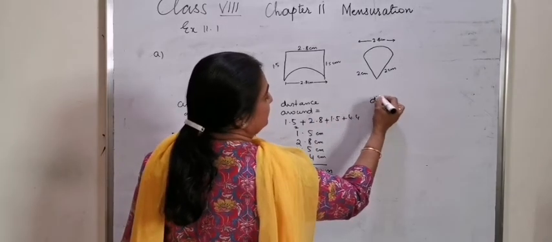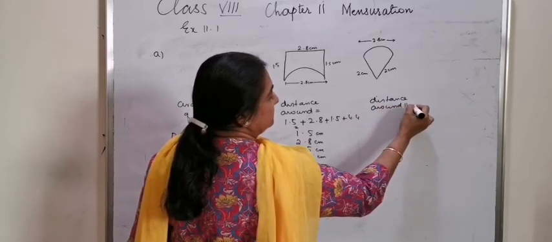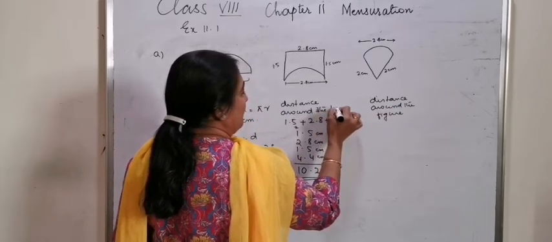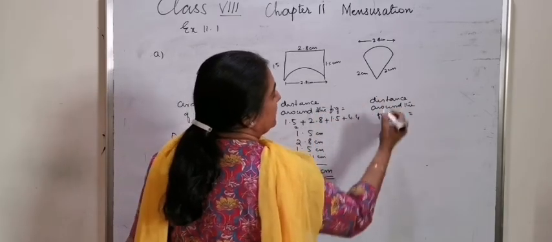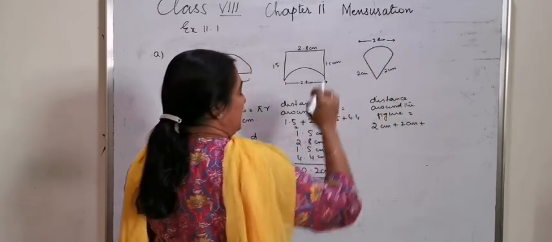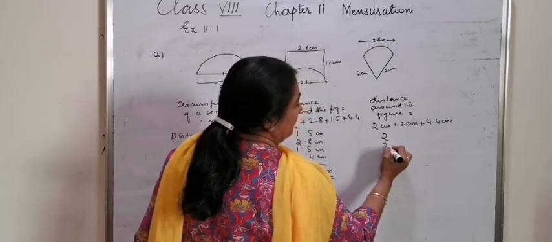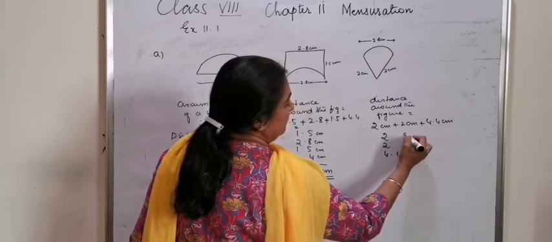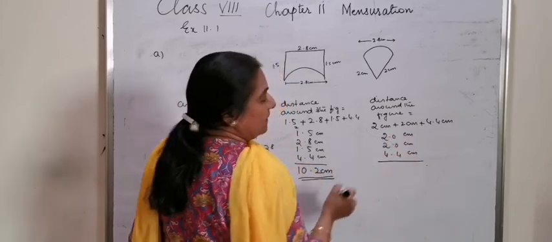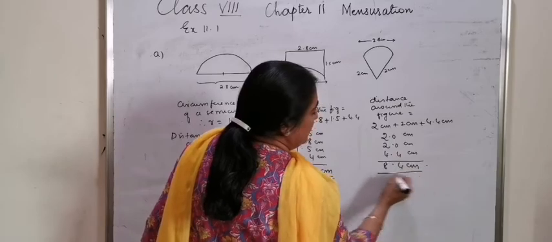So distance around this figure is equal to 2 centimeter plus 2 centimeter plus the pi r length is 4.4 centimeter. That is 2 plus 2, 4 plus 4.4, 8.4 centimeter.